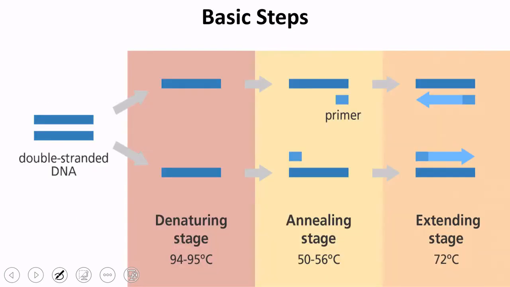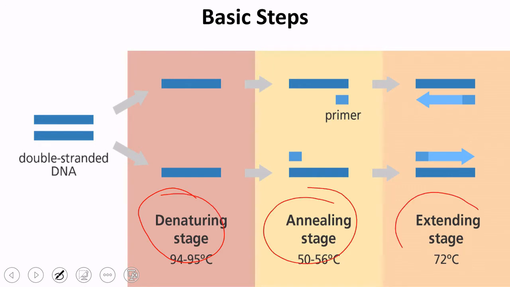So PCR consists of basically three important steps. Those three steps are called the denaturing step, the annealing step, and the extending step, or elongation step. We start with double-stranded DNA.